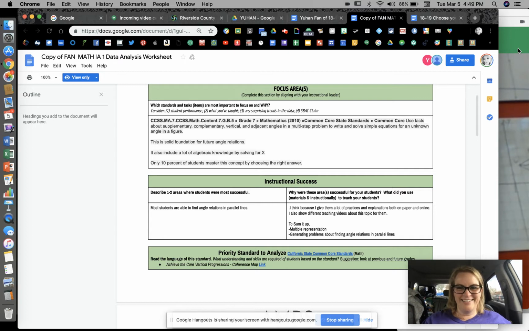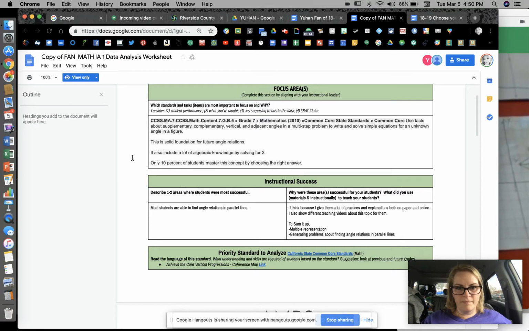I choose common core: use complementary, vertical, and adjacent angles to solve multi-step problems, write and solve equations for unknown angles in a figure. Right. Okay. So this is the first standard.